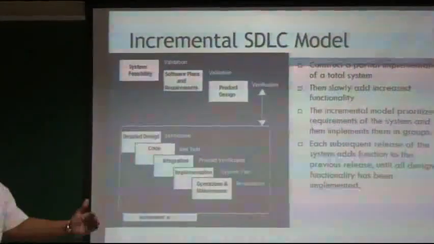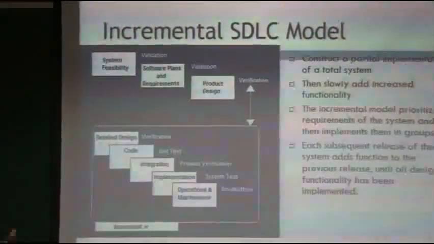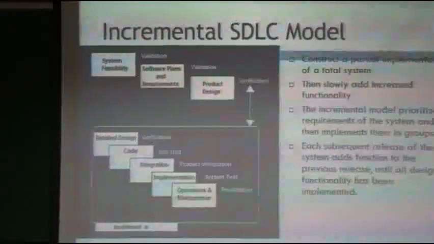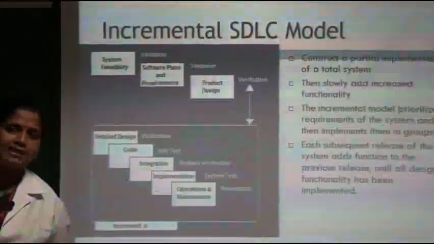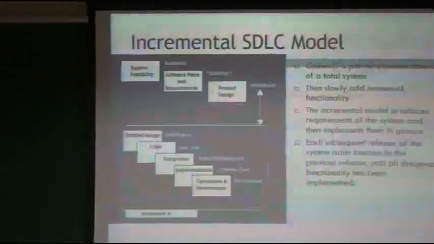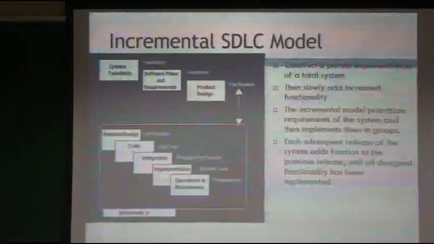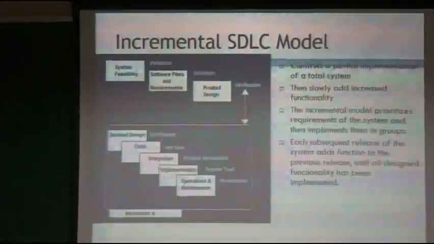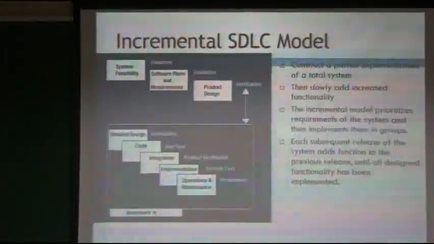First level, this function will be implemented, then function 2, function 3, like this it adds a function step by step. So each subsequent release of the system adds the functions of the previous release plus the new functions that have been implemented. All these things will be shown in every release if it is developed with this incremental SDLC model.